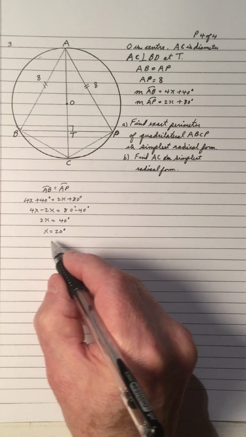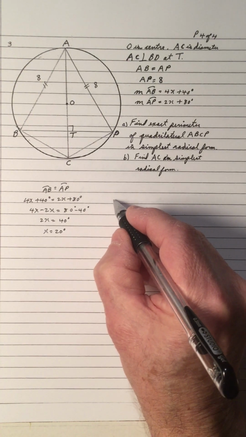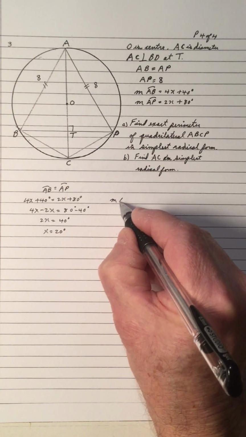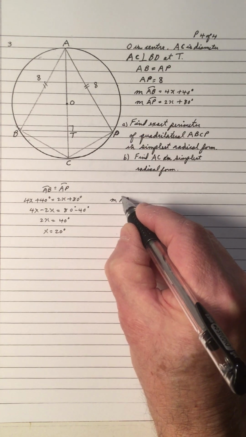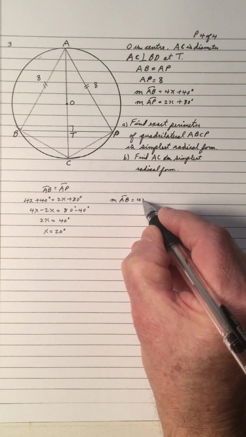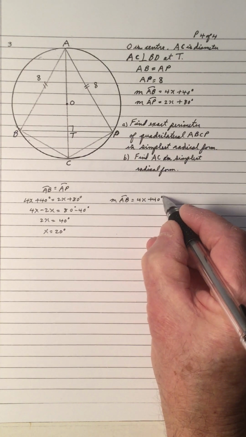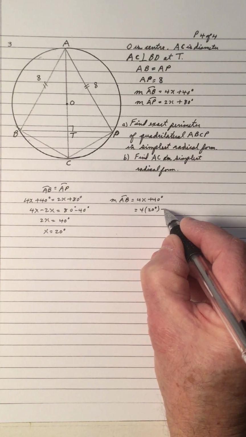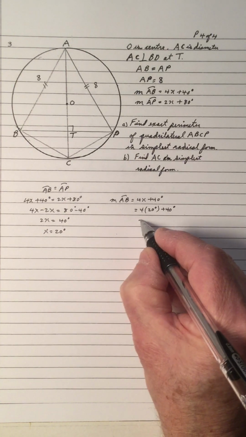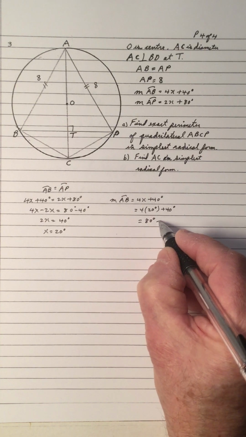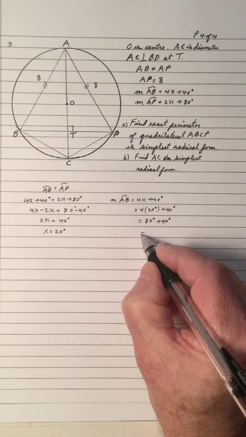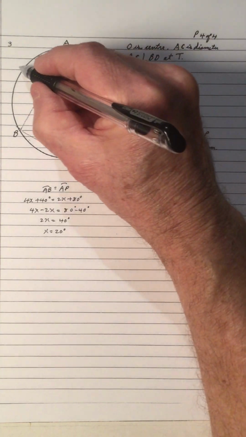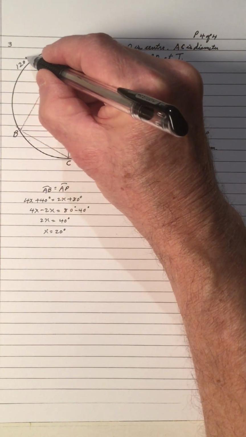So if x is 20, the arc AB is equal to 4x plus 40 degrees. 4 times 20 plus 40, 80 degrees plus 40 degrees is 120. So the arc AB is 120.